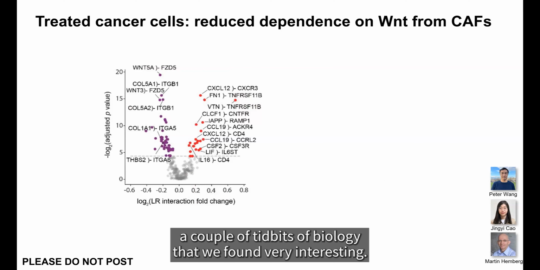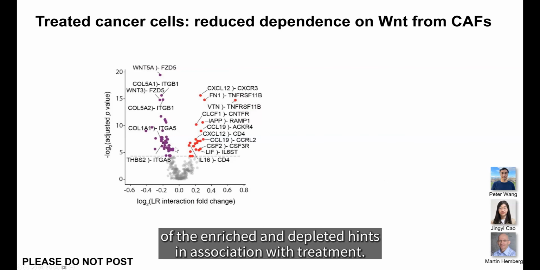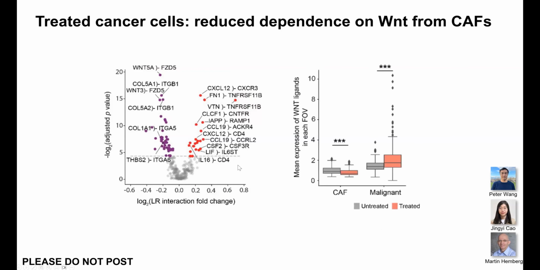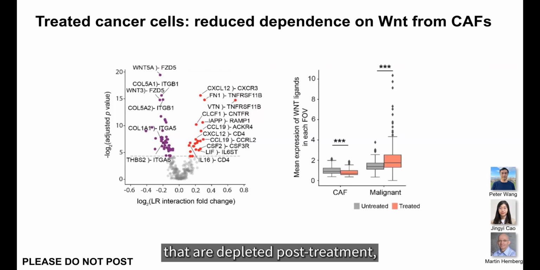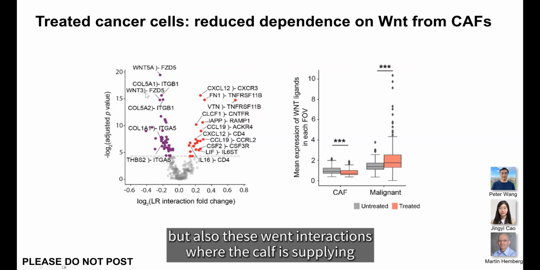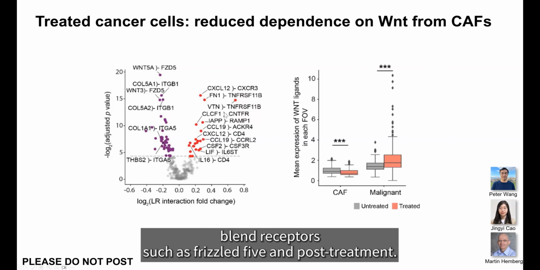found very interesting. So this is just me showing that initial volcano plot again of the enriched and depleted hits in association with treatment. We found that there were a bunch of collagen integrin interactions that were depleted post-treatment, but also these Wnt interactions where the calf is supplying the Wnt ligand, and that signals through various Wnt receptors such as Frizzled-5.